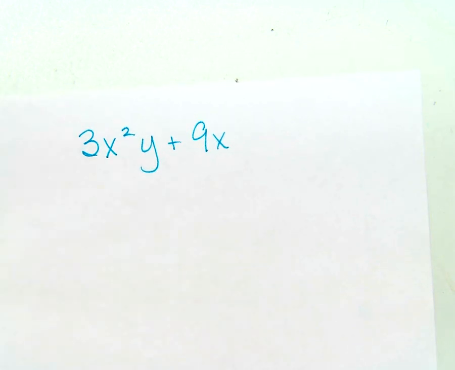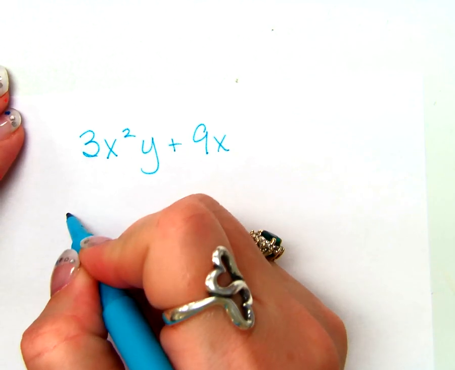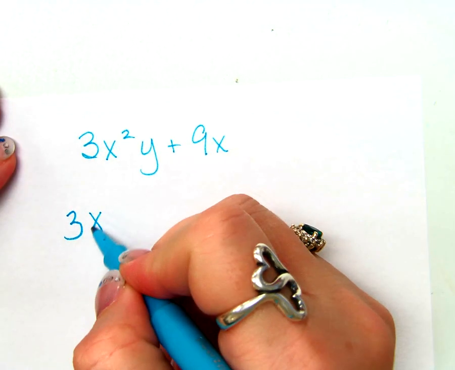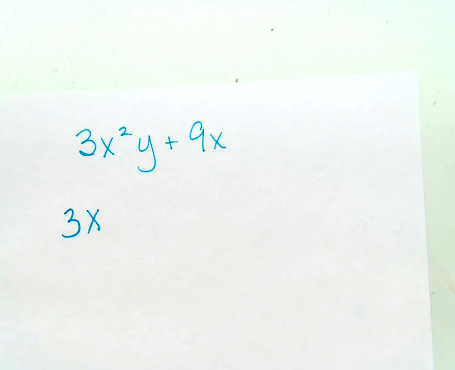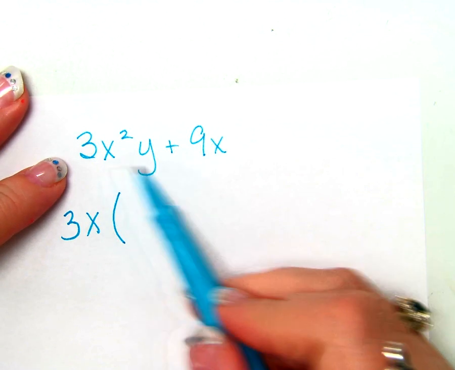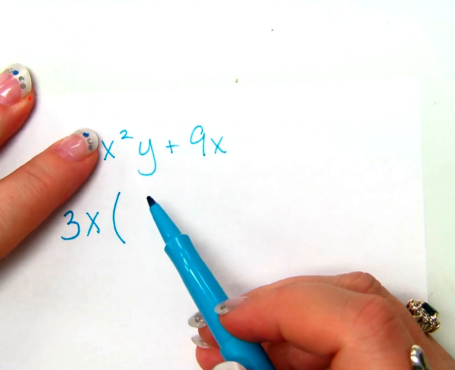Okay? So what if you have a problem like this? 3x squared y plus 9x. Well, hopefully you can see that each term is divisible by a 3, but hopefully you can also see that each term is divisible by an x. Each term has an x in it. Okay? Once I divide this term by 3x, I get a 1.